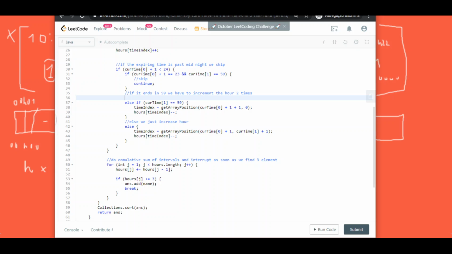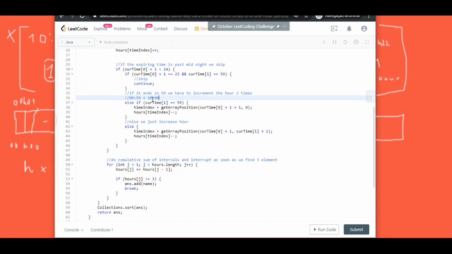like this one, 9:59, we need to mark an hour later plus 1 minute. The usual logic is to increment the hour by 1 and increment the minutes by 1, and you get this.